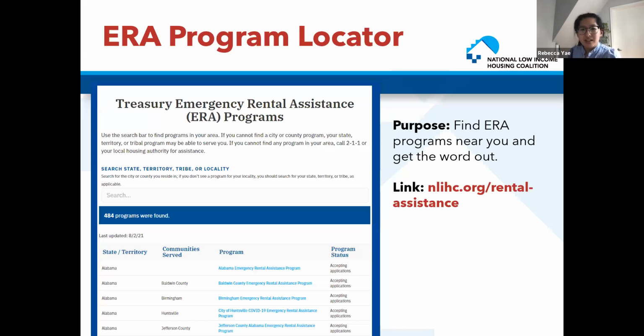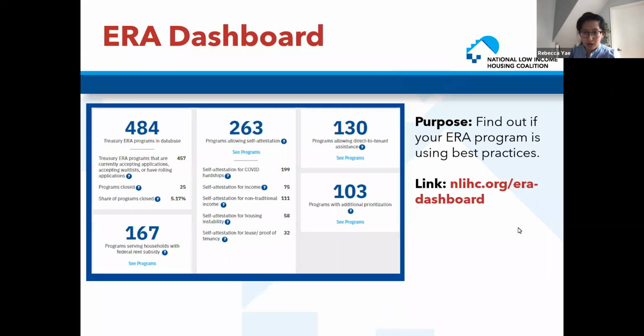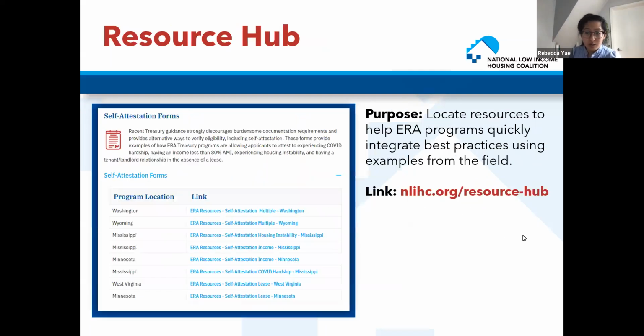Next slide. You can also find out if your ERA program is using best practices at our dashboard. Next slide, please. And lastly, if your ERA program is not using best practices, help connect your program administrators and advocates to best practices at our resource hub.